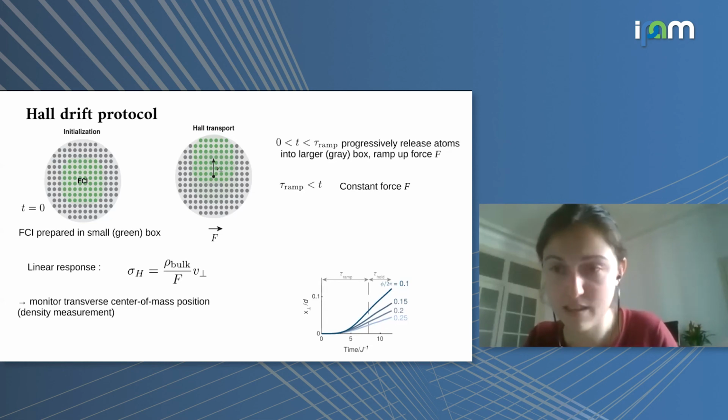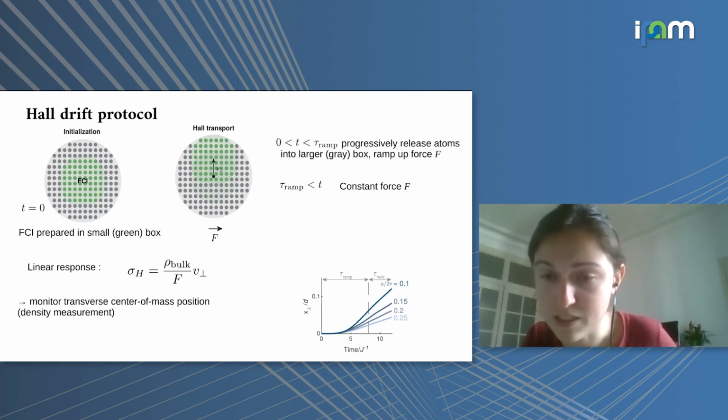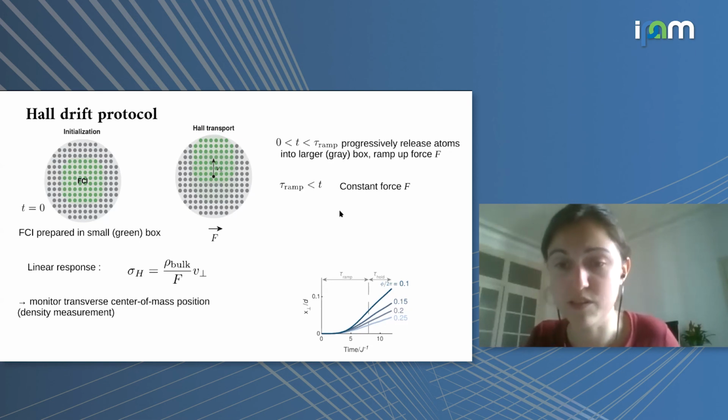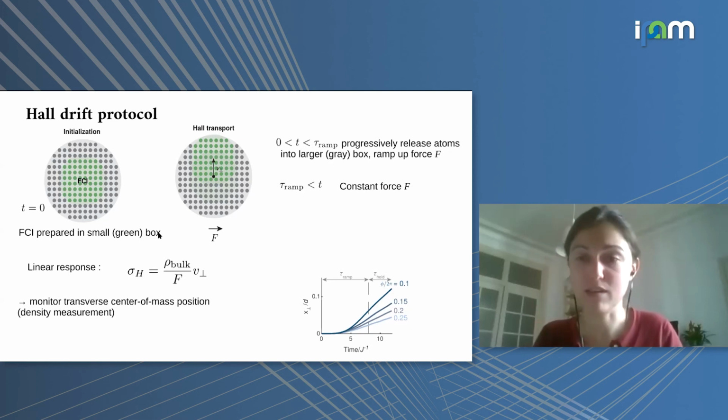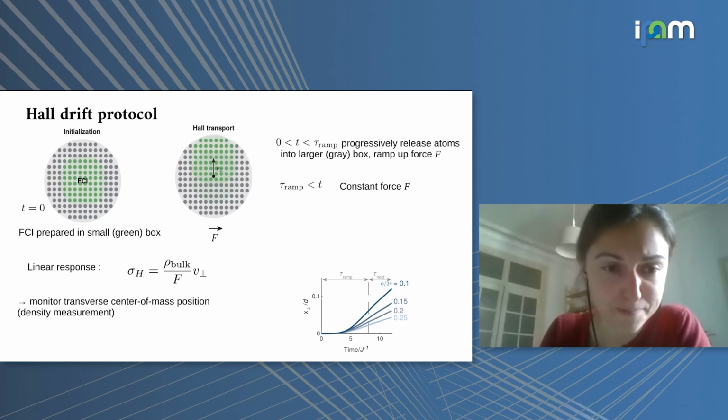This is a numerical calculation where you see that after the ramp, in this region, you reach a stationary regime where the velocity of the center of mass is constant. You have a linear slope, so this is a constant velocity. So you can extract it from this calculation and extract the Hall conductivity from that.